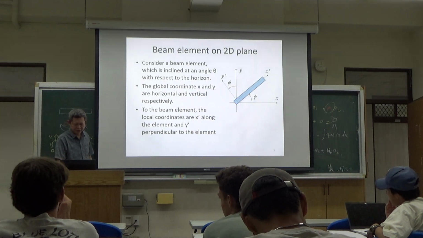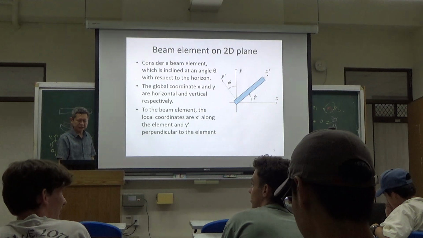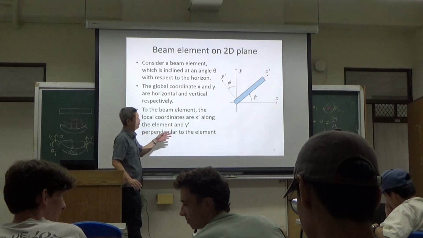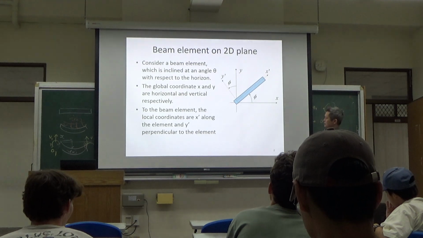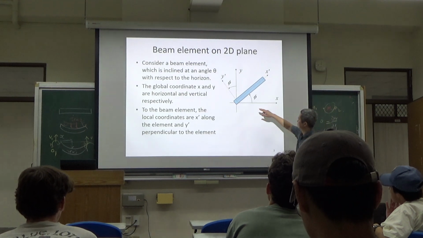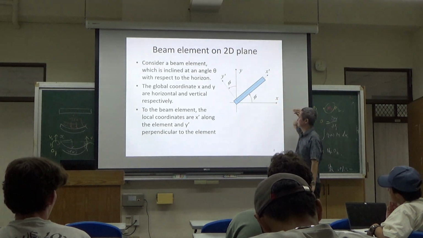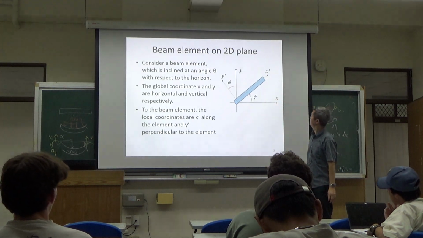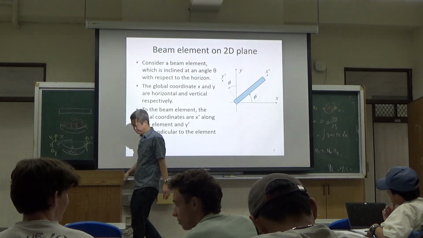Just now we talked about the beam along the line. But if the beam is rotated by an angle with respect to the x-axis, as a result, the y-axis also rotates by an angle phi. So this is the rotation.